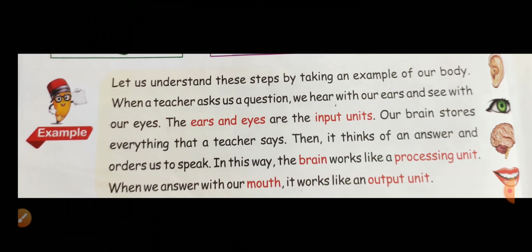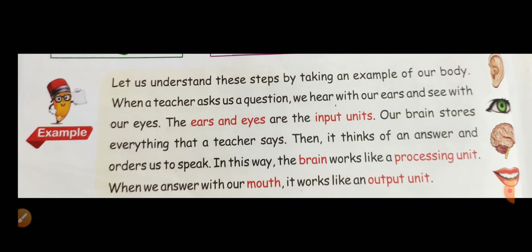Now see, they have given one more example here. Let us understand these steps by taking an example of our body. When a teacher asks us a question, we hear with our ears and see with our eyes. The ears and eyes are the input units.